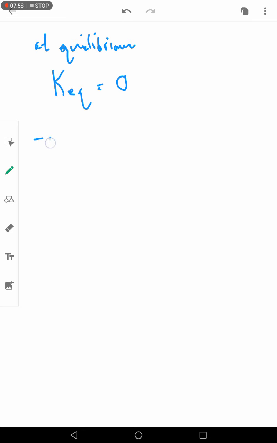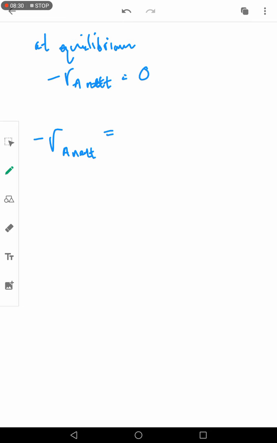So bermakna equation tadi RA net, wait, I think I'm wrong. Actually at equilibrium, it's not K equilibrium, the reaction rate actually, the RA net is equals to 0.